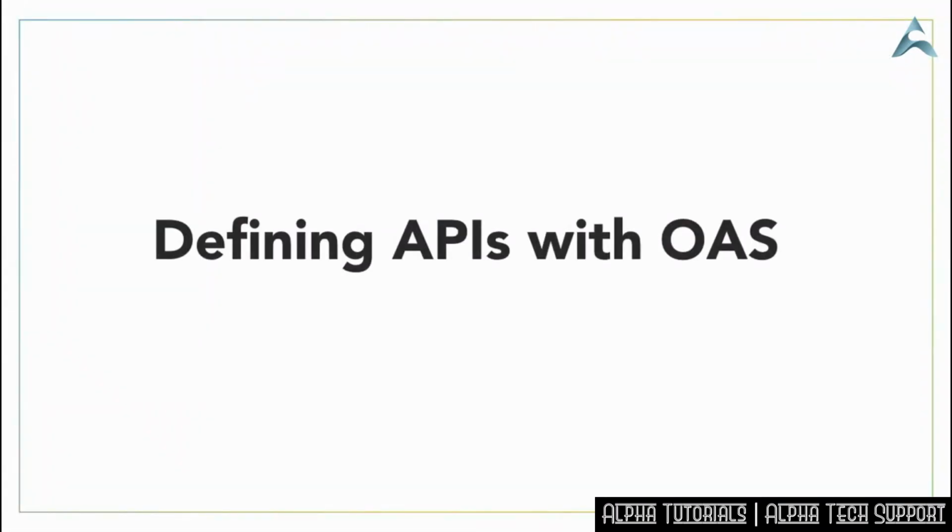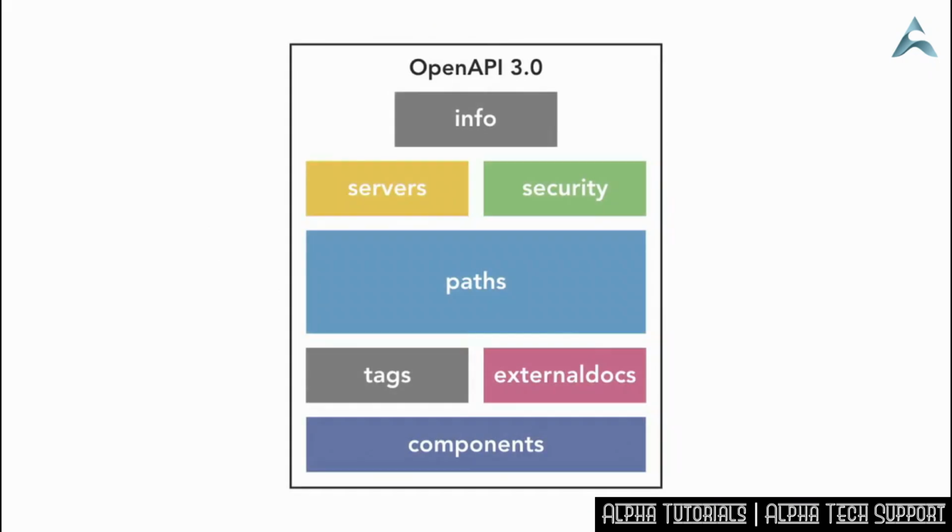We took a small peek at the OpenAPI specification. However, there are many additional objects within the spec that can be used to create API definitions. Let's take a high-level look at the specification to explore these new objects. OAS-compliant definition files may contain 7 sections at the root level.